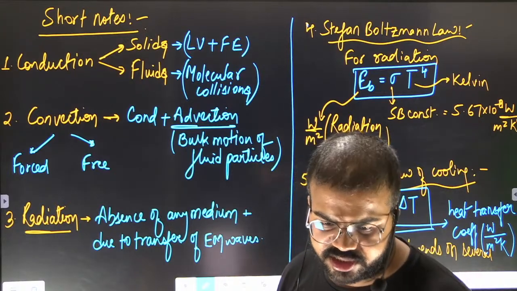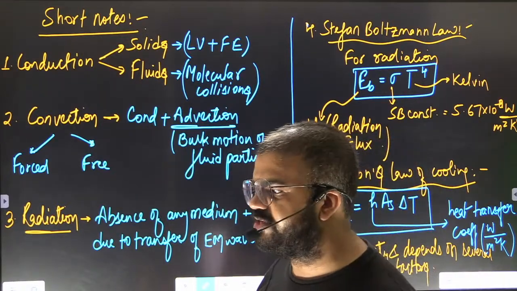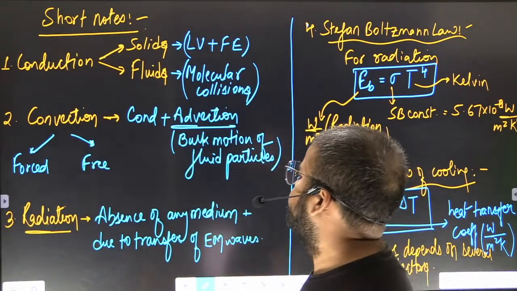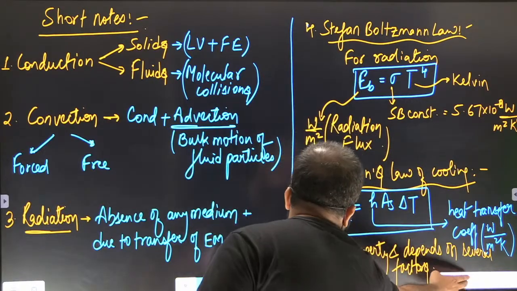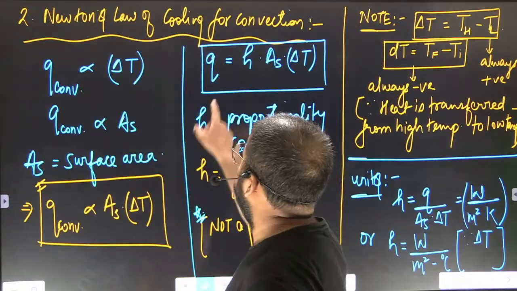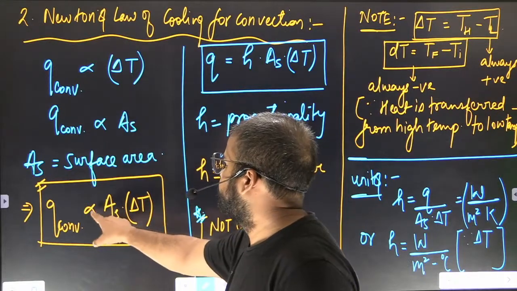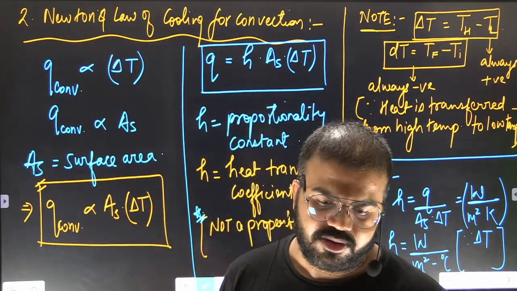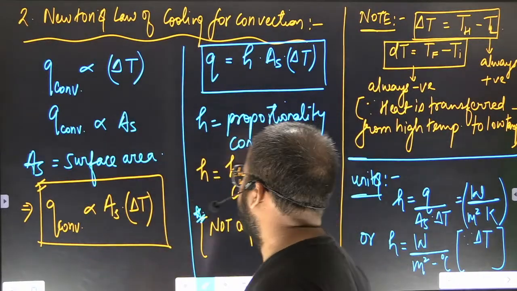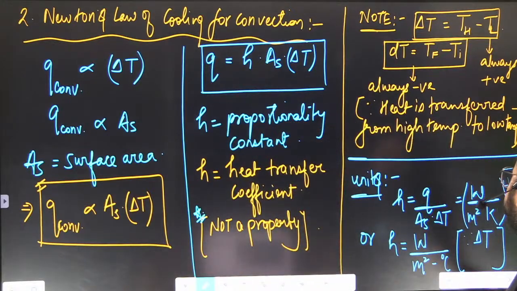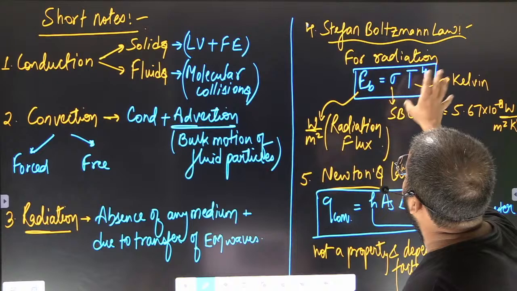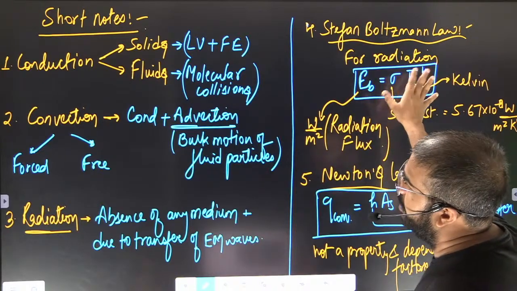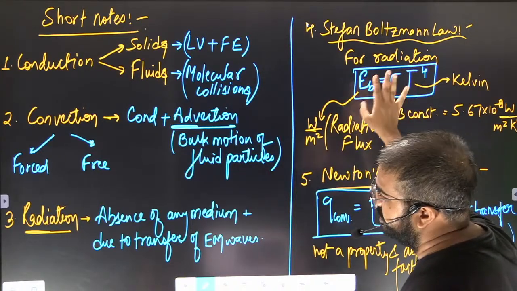Constant and coefficient, are they all the same? No. Whenever I am saying coefficient, I am putting it in order to remove the proportionality sign. And whenever I am saying constant, this constant is something which I have given by the empirical definition.